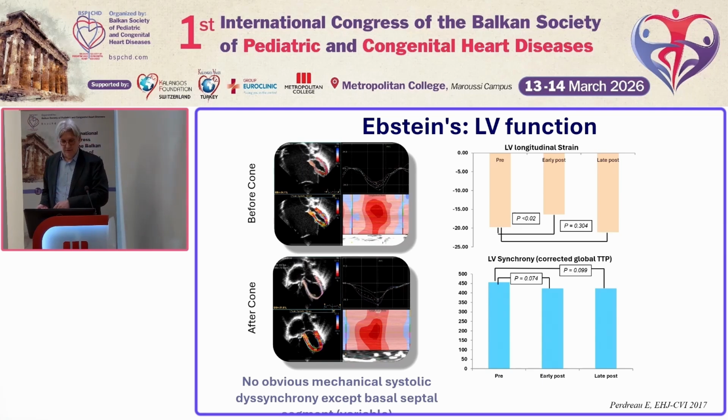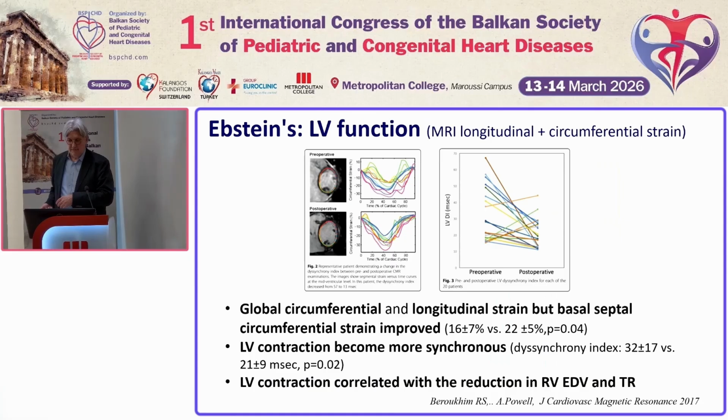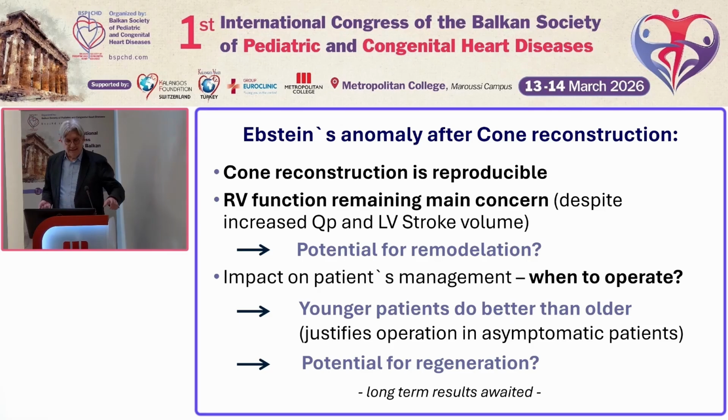This is again our study, and the same was confirmed by colleagues from Boston using the MRI, that the synchronicity of the left ventricle was better. So to summarize, we believe that the cone reconstruction is reproducible, with zero mortality and minimal morbidity. So it's a very efficient procedure. RV function remains a concern?